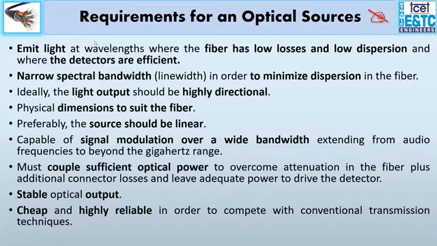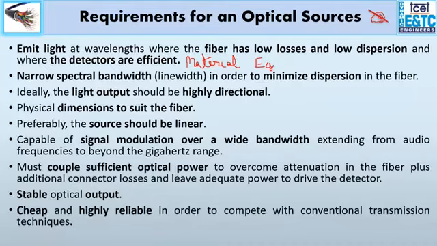Those bands you will be able to get by selecting the proper material. Why? Because the material is what decides the output wavelength. It is actually the band gap of the material, that is the energy gap between the conduction and the valence band, which decides the output wavelength.